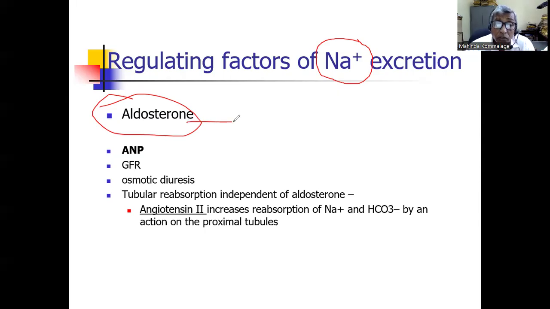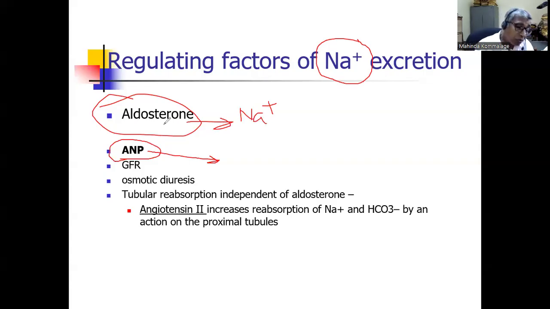In addition to aldosterone, which regulates sodium reabsorption in the renal tubule, we have ANP, another hormone, atrial natriuretic peptide. Actually, it's secreted from the heart, right? So heart muscles will synthesize it. It is secreted and it will do the opposite action of aldosterone, right? Aldosterone will reabsorb sodium.